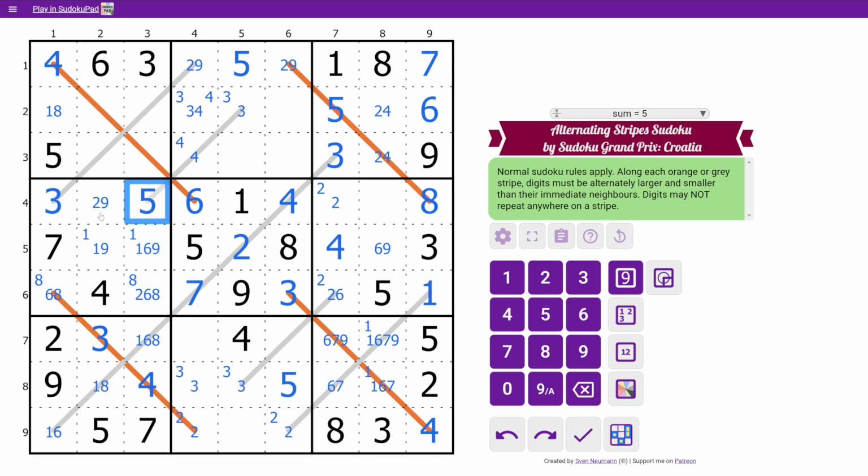Not, okay, 9 could go there, or 9 could go there as well. 7. 7 has to go in this top row. Yeah, 7 goes in this top row.